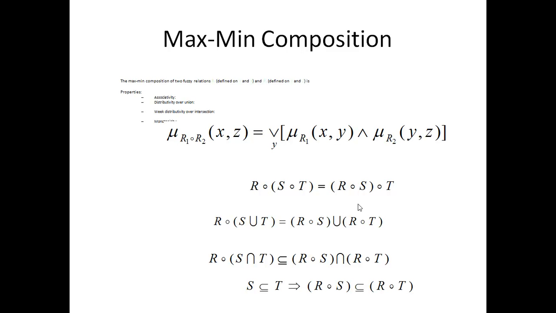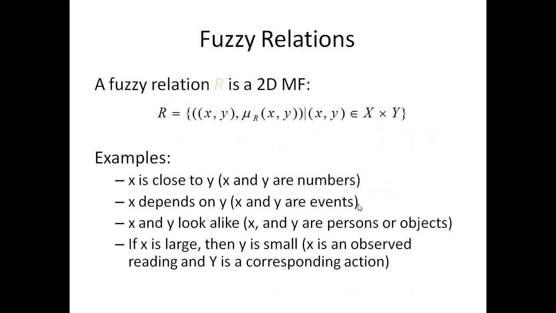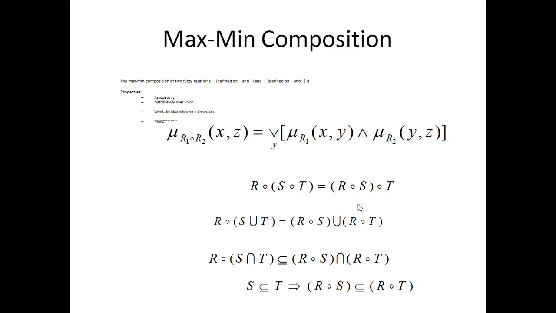Now to find the membership function of two relations R1 and R2, if R1 is a relation from X to Y and R2 is a relation from Y to Z, where X, Y, Z are three universes of discourse.